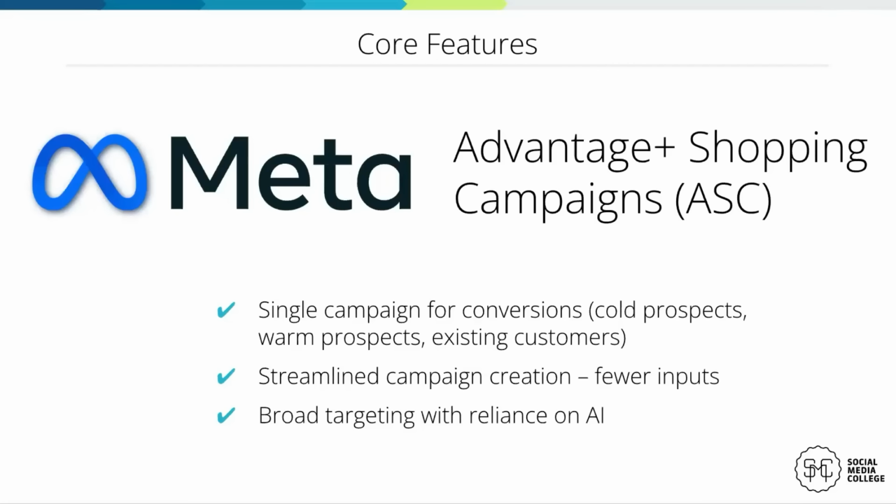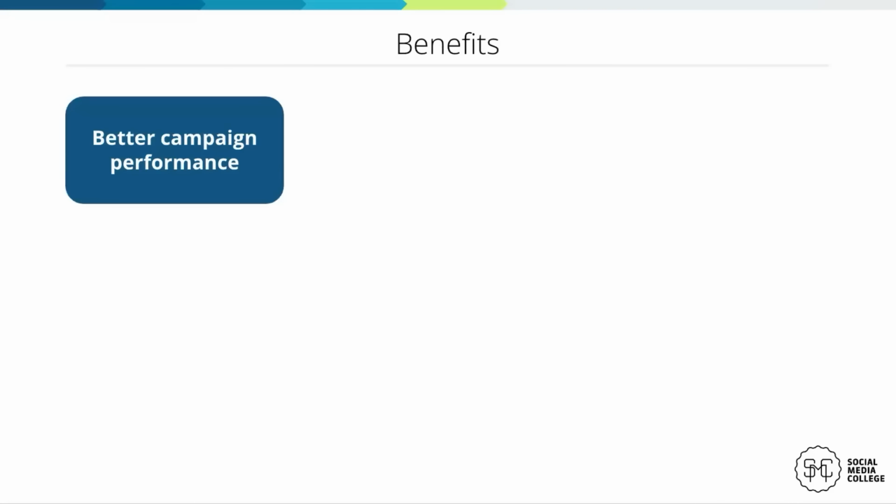We're not using detailed targeting, but instead starting broad, letting the ad algorithm work out who's responding to the ads, and then letting it do its thing and target those people more to ideally put relevant ads in front of people. What are some of the benefits of this? Firstly, better campaign performance. It's automating the targeting, the optimization, the placement, the creative. It's using data-driven decisions instead of asking you to make those decisions, which is ultimately better.